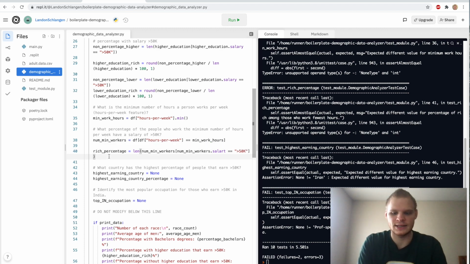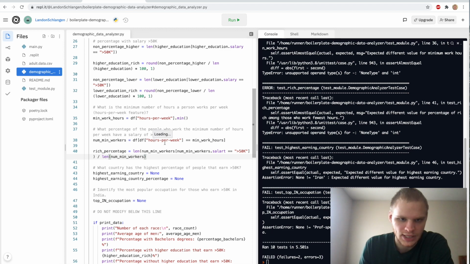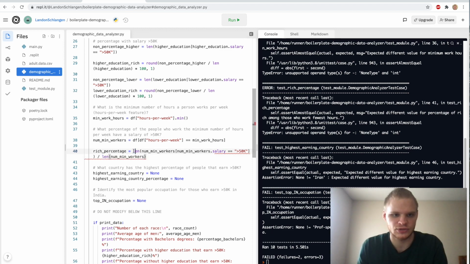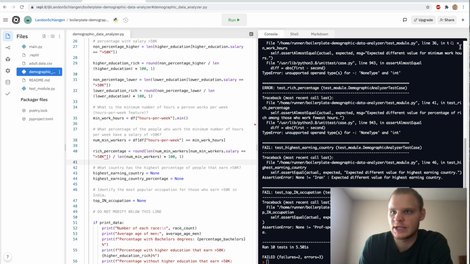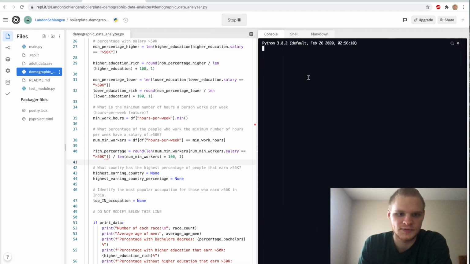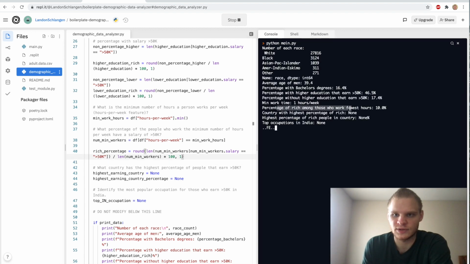So the length of that, and we need to divide it by the length of the number of min workers, which is the total amount of workers who work the minimum number of hours. That's salary. And then to make this into a percentage, we have to do round and grab all of this, and we're going to do times 100, and we're going to round it to 1 decimal place. All right, let's try that out, see what it gives us. Even if there's squigglies, it still might work. All right, percentage of rich among those who work fewest hours is 10%.